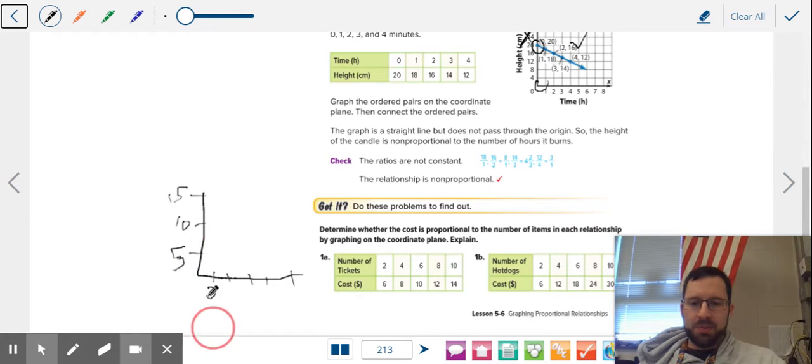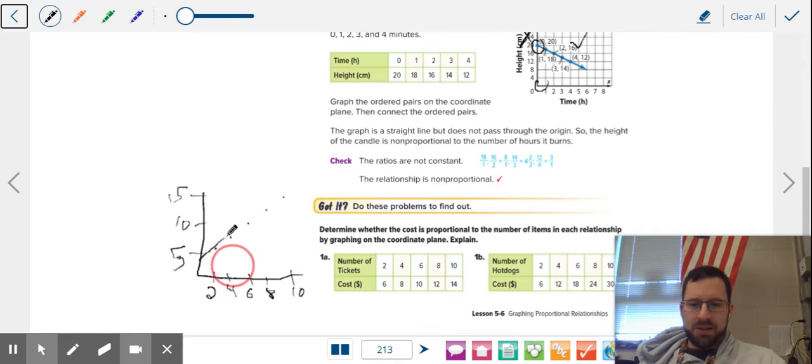If you don't have graph paper, that's okay. Notice I don't have graph paper here. I'm just using my mouse. It's not pretty, but it'll get the job done. Notice it's not perfectly spaced, but I'm trying my best. 2, 6, 4, 8, 6, 10, 8, 12, 10, 14.